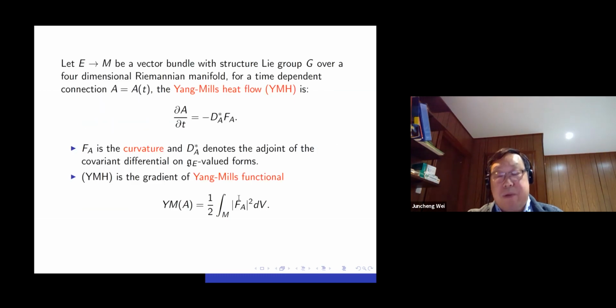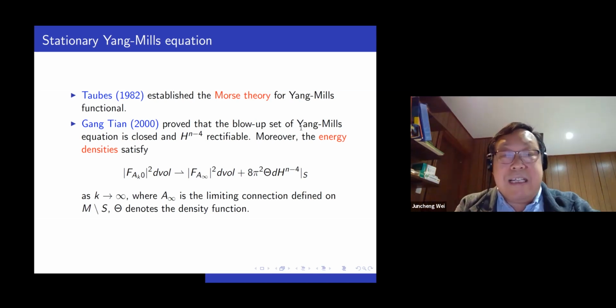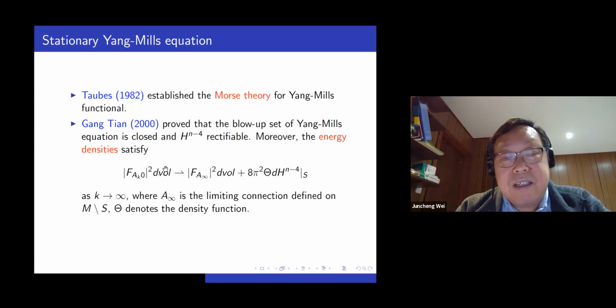So this is a classical problem, and for the steady state, Taubes established the Morse theory for the Yang-Mills functional, and Gang Tian proved that the blow-up set, for the Yang-Mills steady state equation, is Hausdorff dimension n-4 rectifiable, and he proved the energy density identity.